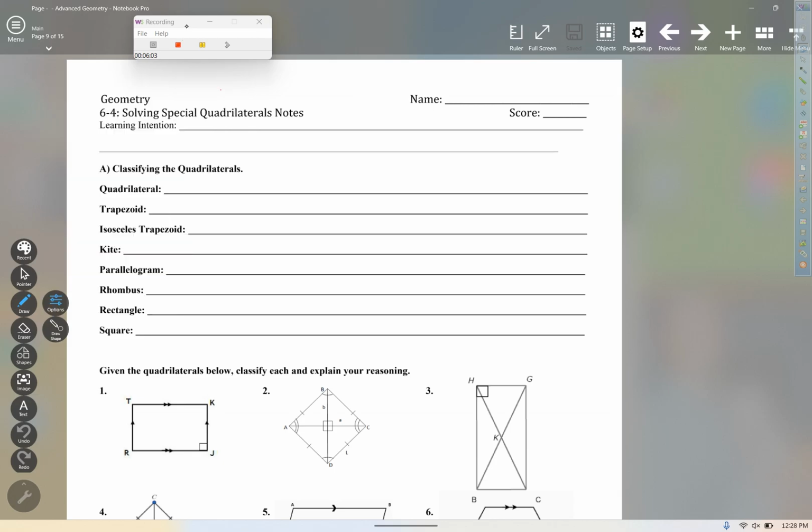The learning intention: I will learn how to solve for special quadrilaterals using their properties.